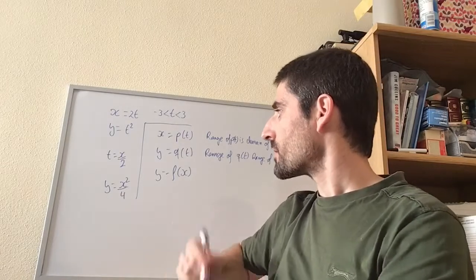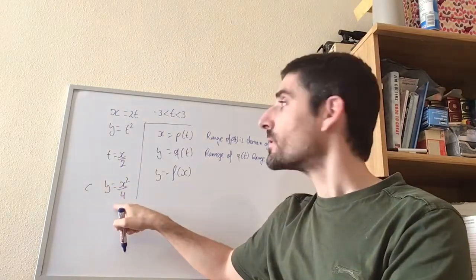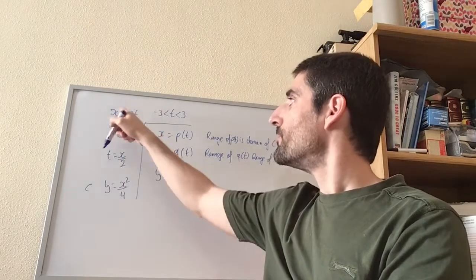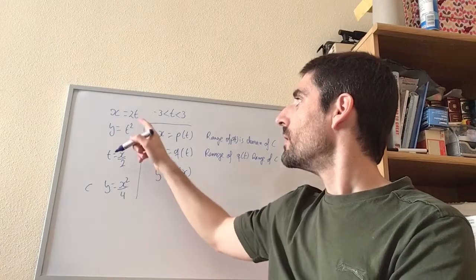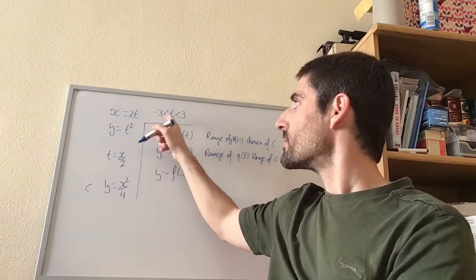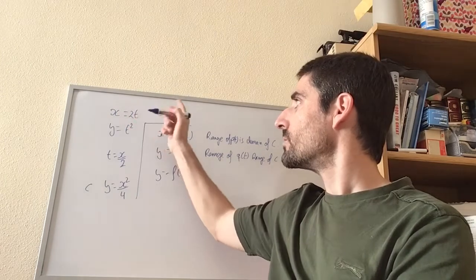Alright, so if I link these notions back to my example here, what would be the domain of the Cartesian equation? Well, the domain of the Cartesian equation is the range of the x function. t goes from -3 to 3, so the x function is going to go from -6 to 6.